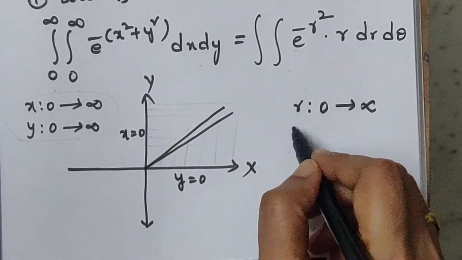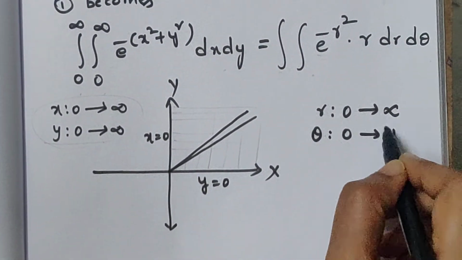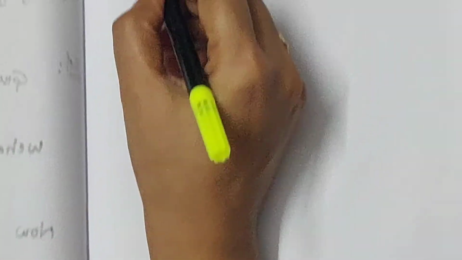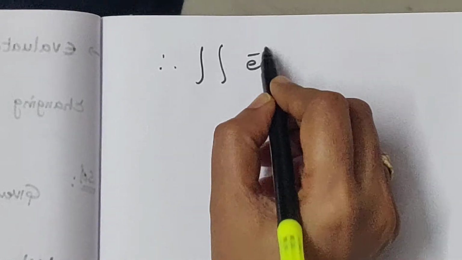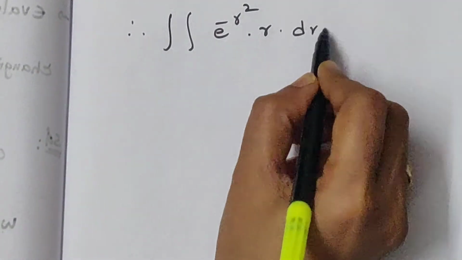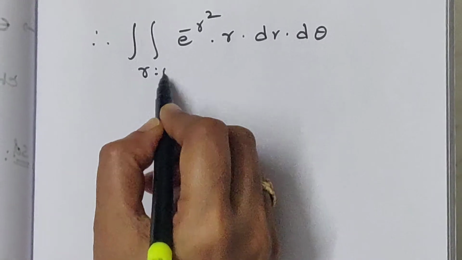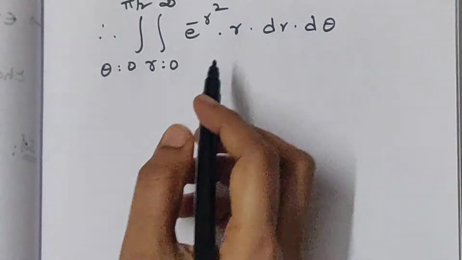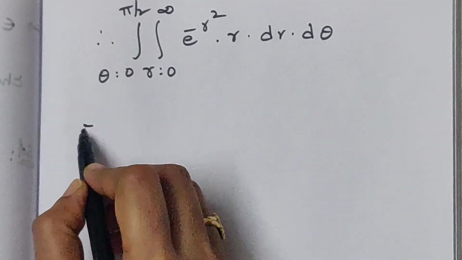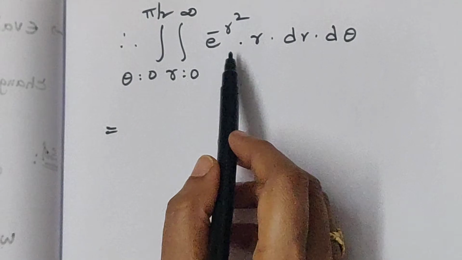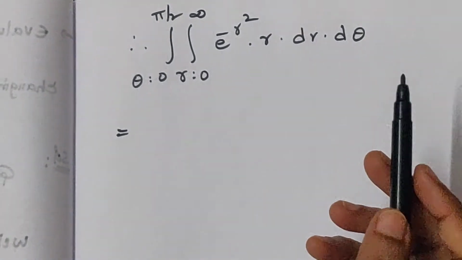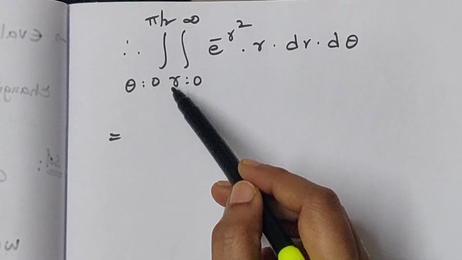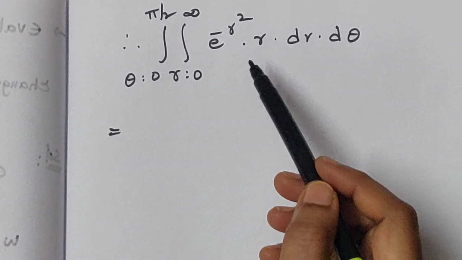First quadrant region of integration means theta limits automatically 0 to pi by 2. Therefore, the double integral e power minus r square r dr d theta, r limits 0 to infinity, theta limits 0 to pi by 2. Now, if you observe, we are able to write down this double integral as a product, since both the limits are constants here, theta 0 to pi by 2, and r also is free from theta.